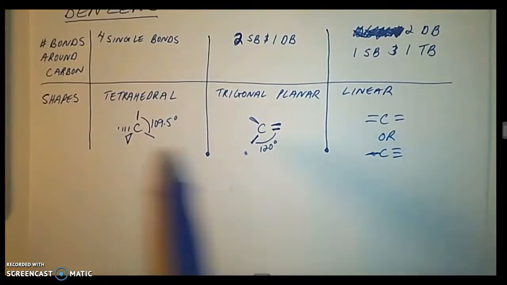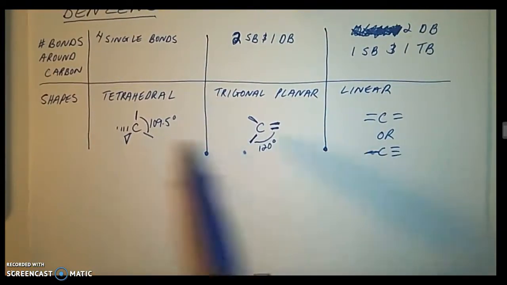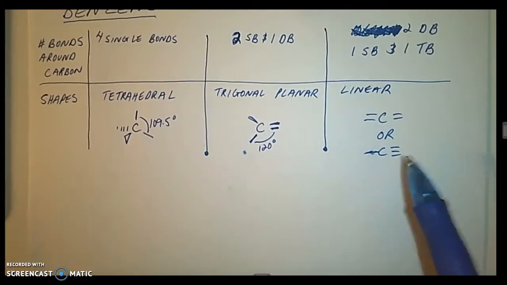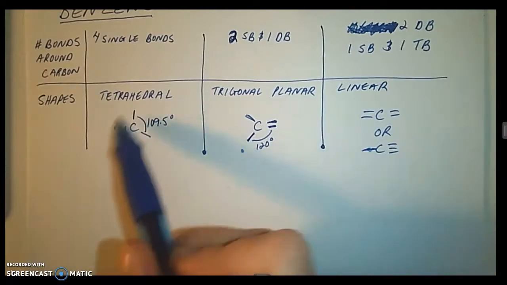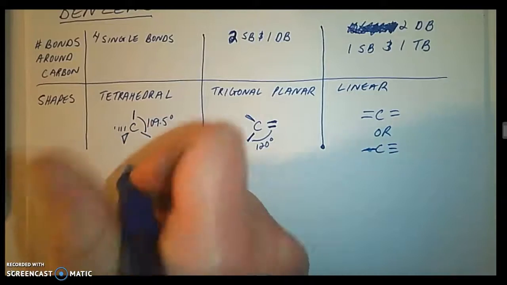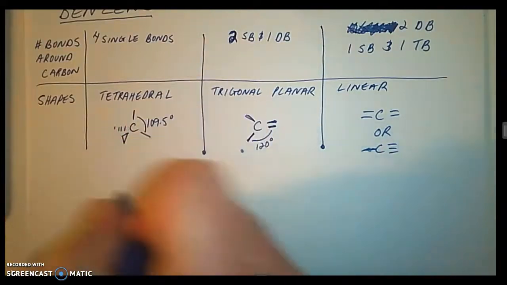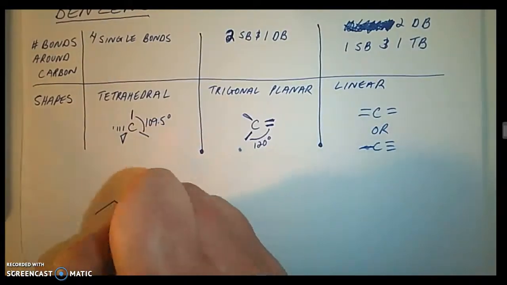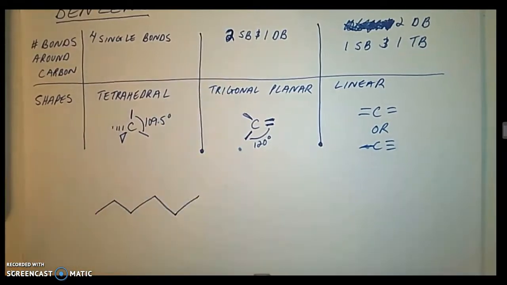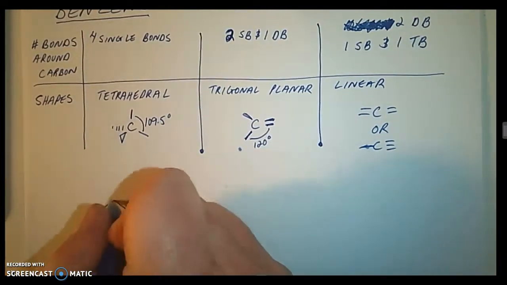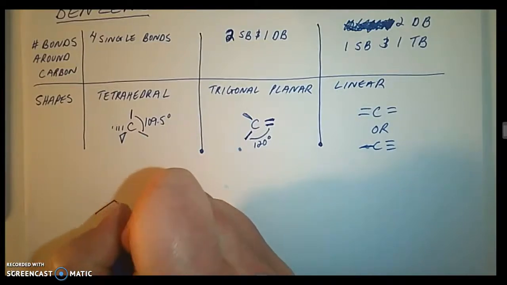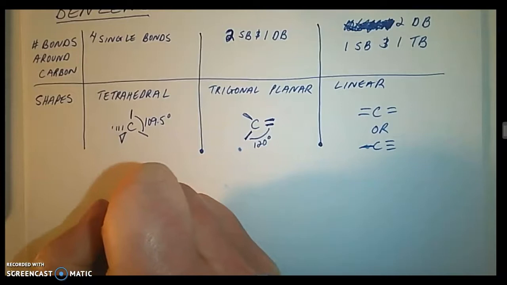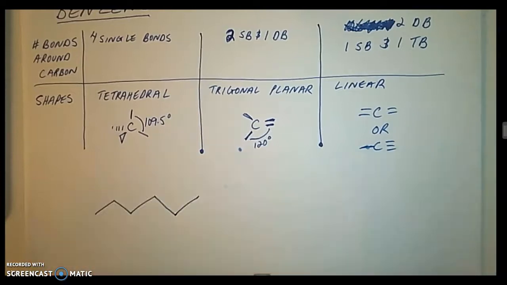So this is just a quick review on the different shapes that we might see around a carbon. These different shapes can lead to different things happening in our molecules. For example, when you have a tetrahedral shape, that's why when we draw an alkane, we draw it like this, because these kinks in the chain are supposed to represent those bends that come from the carbon having a tetrahedral shape around it.